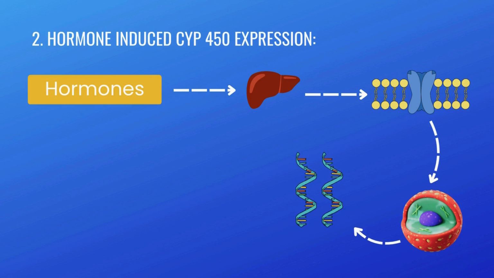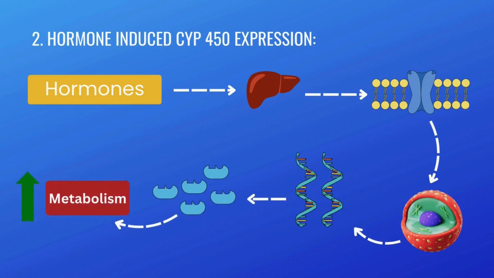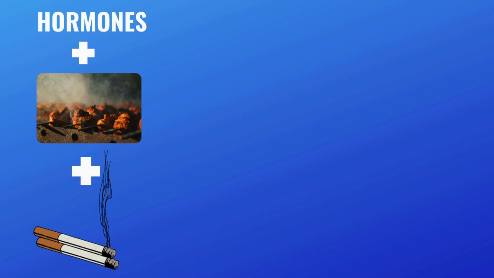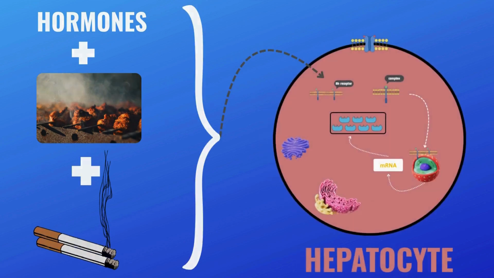More mRNA means more enzyme production. More enzyme production means faster speed of the metabolism process. Got it? Now let's see this mechanism at the molecular level. Some hormones and compounds from cooked food, like aromatic amines present in grilled meat or cigarette smoke chemicals, interact with the receptors.